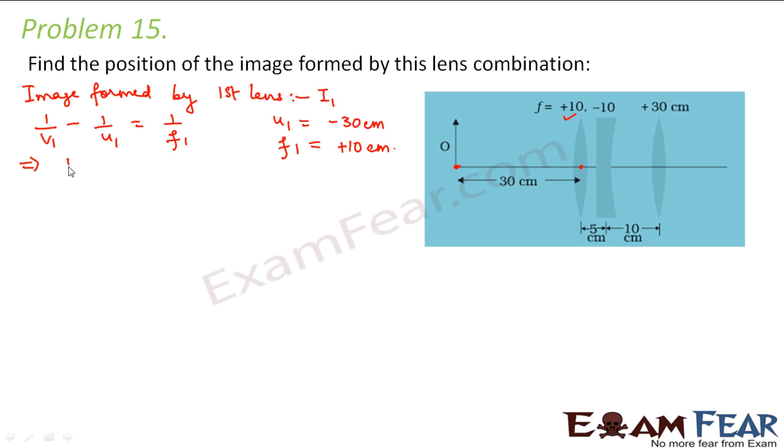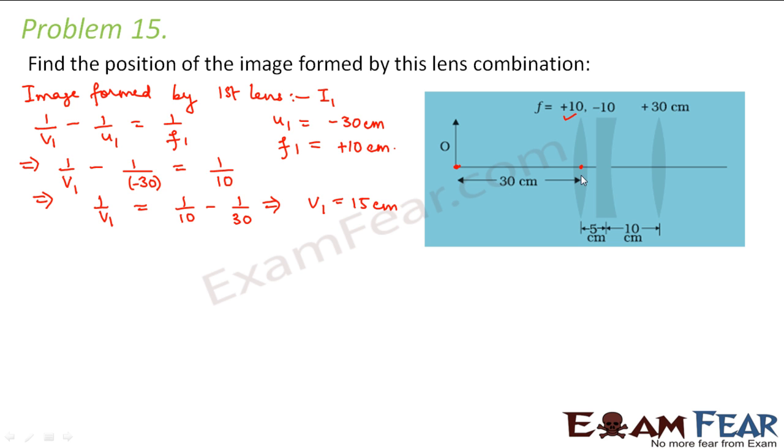So putting these values, 1 by V1 minus 1 by minus 30 is equal to 1 by 10. So 1 by V1 is equal to 1 by 10 minus 1 by 30, or V1 is equal to 15 centimeters. So the image I1 is formed at a distance of 15 centimeters from this lens.